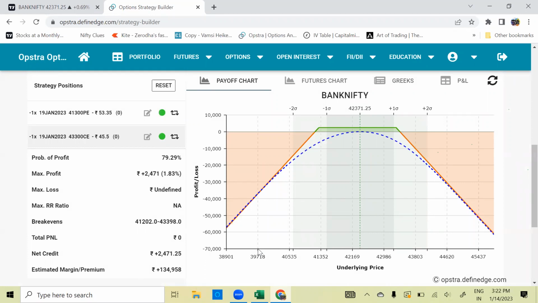Yeah, 41,300 put we sold, 43,300 call we sold. This is our basic probability of profit.